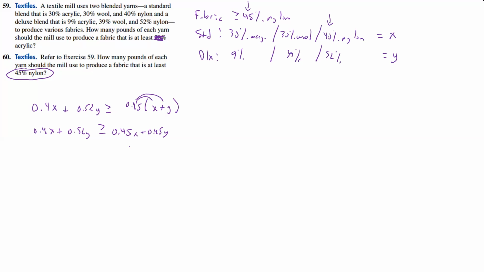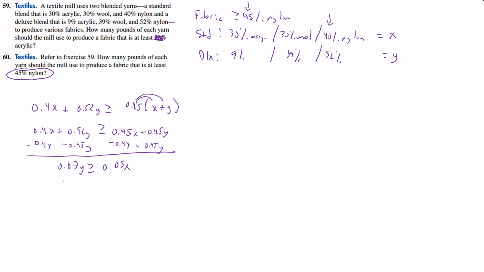Let's take the y's to the left, so minus 0.45y minus 0.45y, and then we'll subtract 0.4x minus 0.4x. And so that's going to give us what? Looks like 0.07y is going to be greater than or equal to 0.05x, and there's no other numbers, so that's going to be what it is.